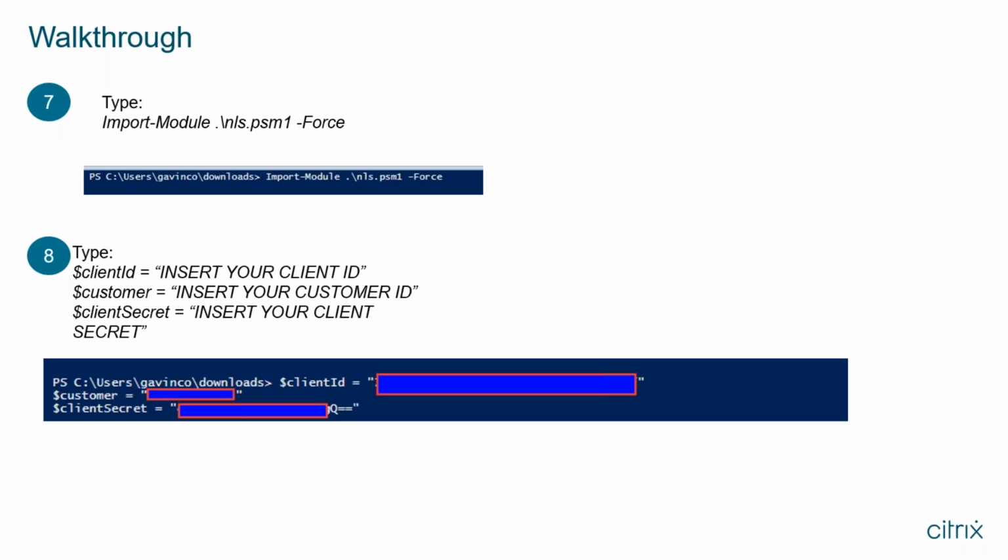So we add in our client ID that we've gotten from the cloud, our customer ID, and our client secret. So those three, and just be careful with the customer ID, because I've seen customers get tripped up on that. I've seen users get tripped up when they're generating their customer ID, putting in the wrong thing. So just be aware, and we found that on that API page that I showed you before.